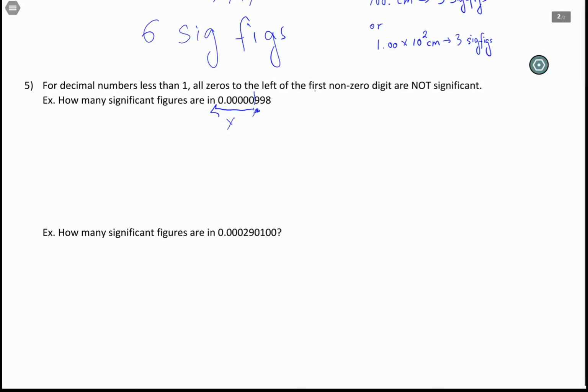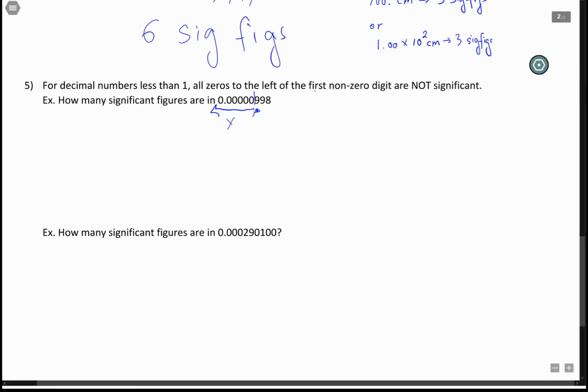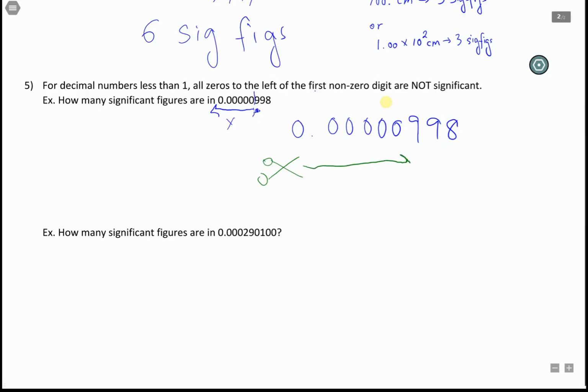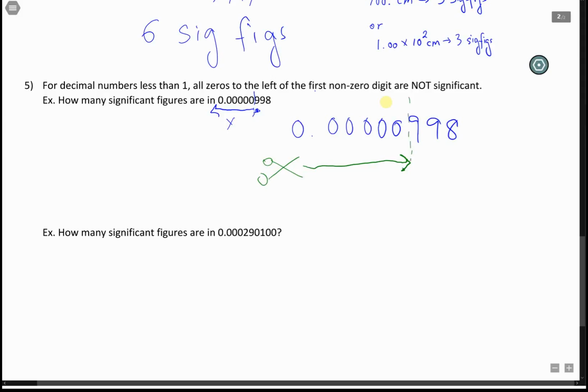Again, I like to use a scissors method to help you count. So writing this down, 0.123459998. We take a pair of scissors and we cut. Bam, bam, bam, bam, bam, bam, bam. Oh, we see the first non-zero digit, and notice I'm cutting from the left side, not from the right side, when dealing with a decimal.